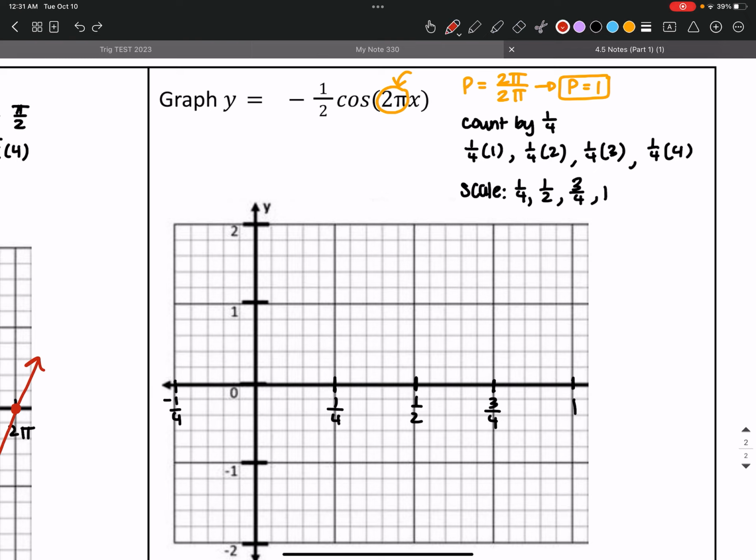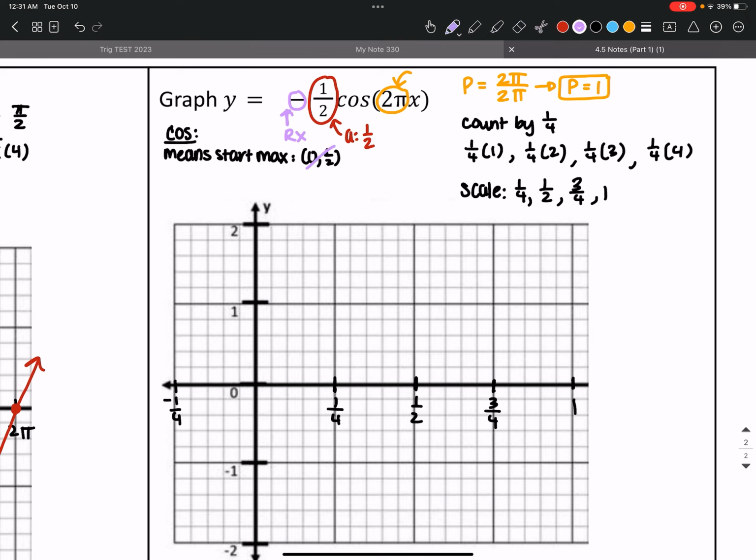I forgot to do the amplitude. The amplitude I know is going to be 1/2, and I have a negative in front, which means a reflection over the x-axis. So first of all, because it's cosine, in general, I know that I start at the maximum, and the max is going to be at 0, 1/2, except this is flipped upside down.